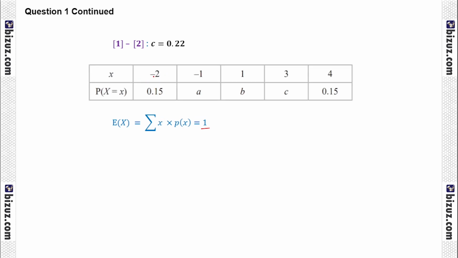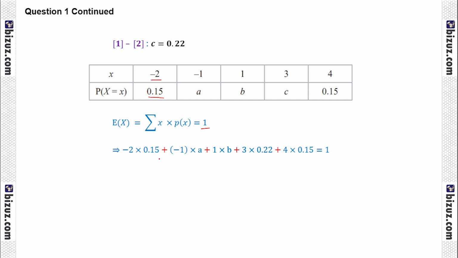Now let's use the last piece of information that we haven't yet. That's the expected value of x is equal to 1. And the formula for the expected value is just, if we look here, all that we need to do is multiply x with the corresponding probability and then add all of those up. So as you can see here, that's exactly what we have done.